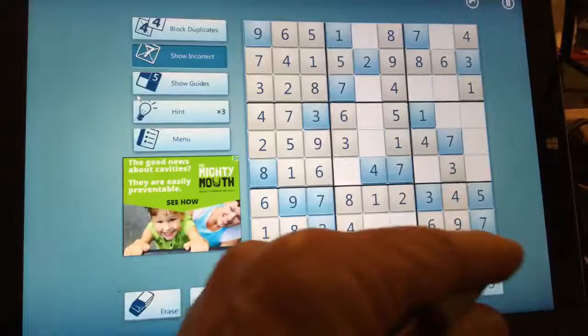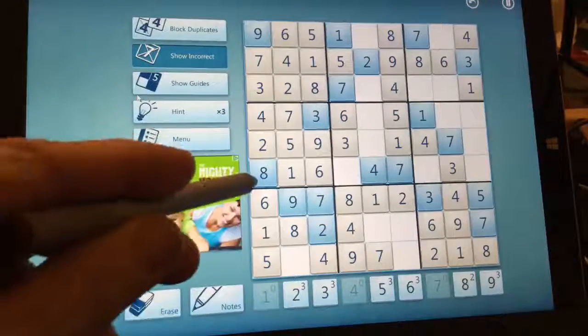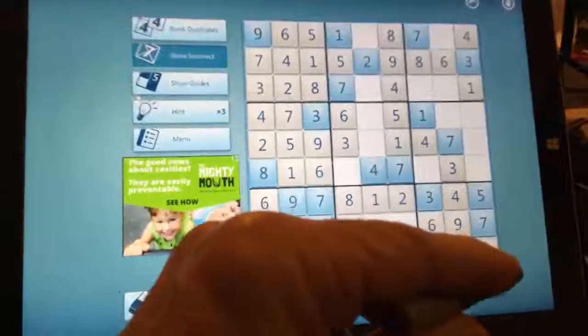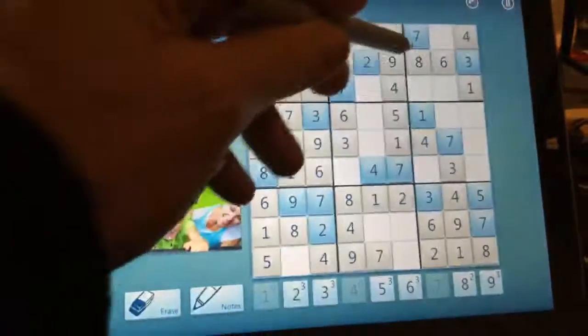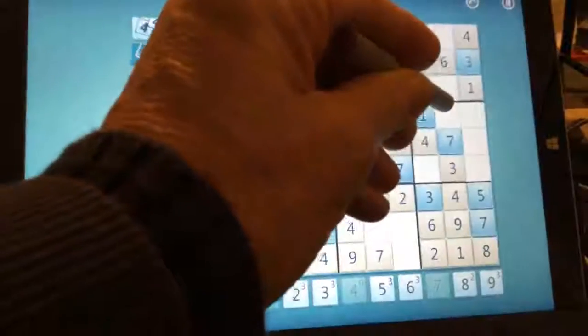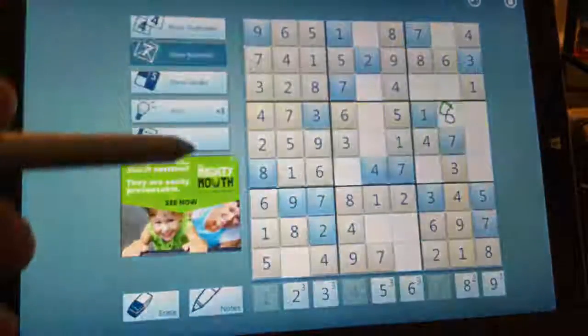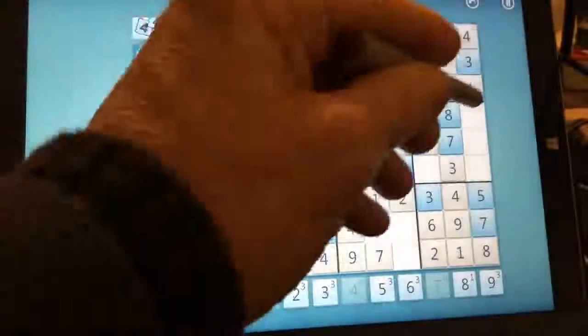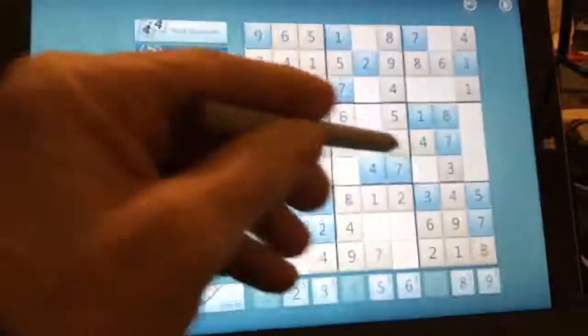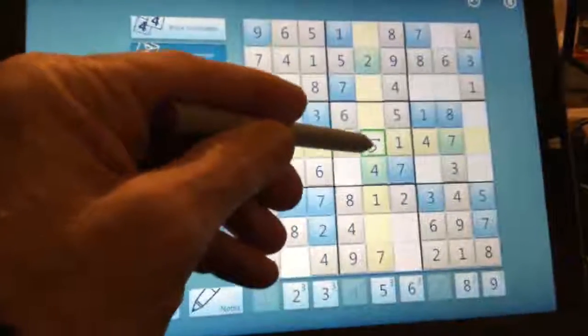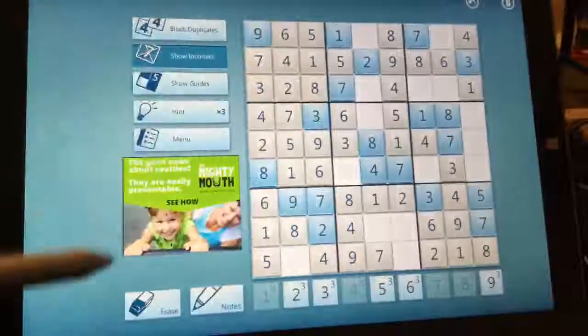So 8 is solved for here. 8 here cancels all of those, so this needs to be an 8. Now 8 cancels the top, 8 cancels the bottom. That only leaves 1 8 here, and we're done with 8's.